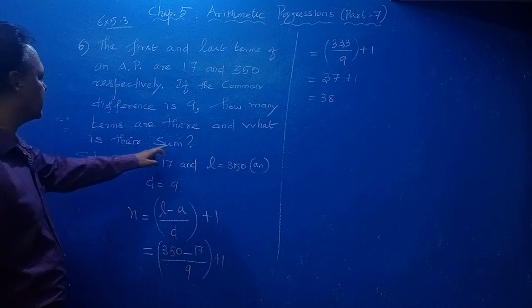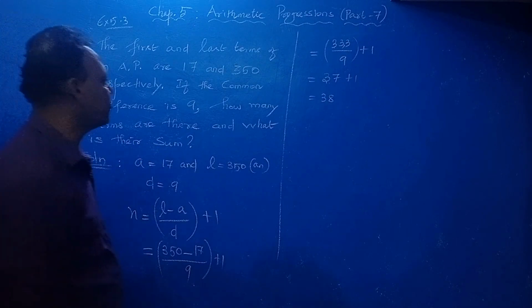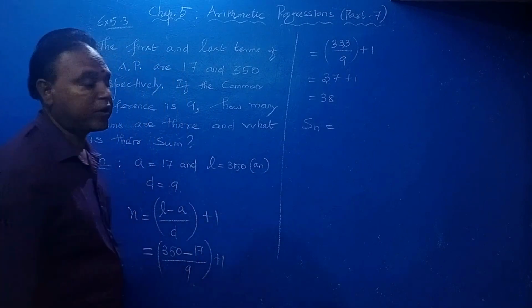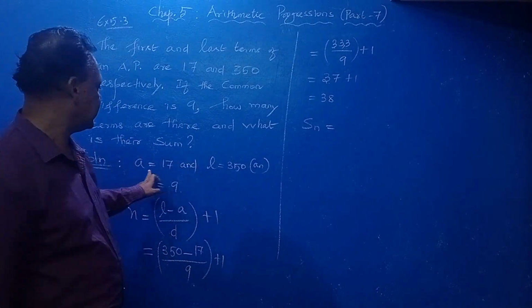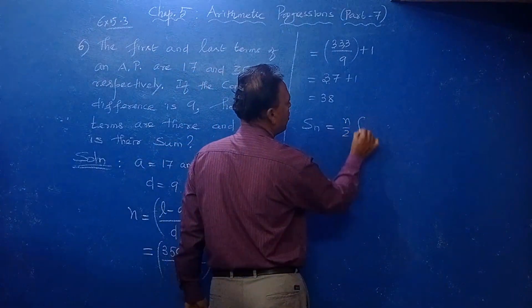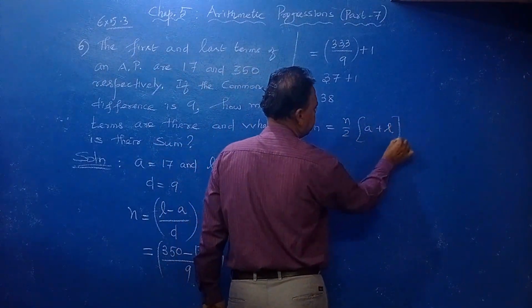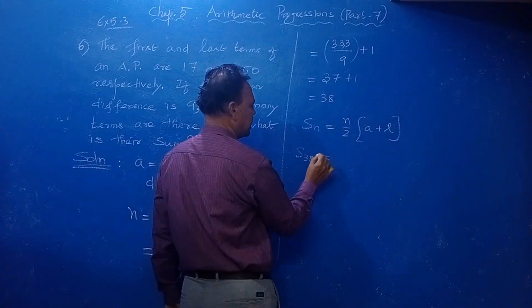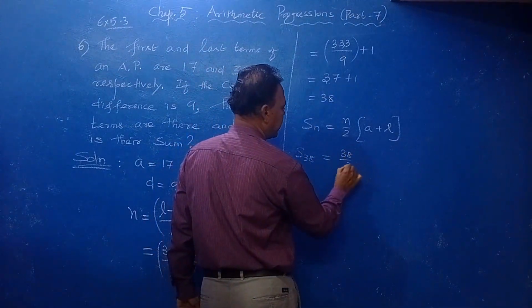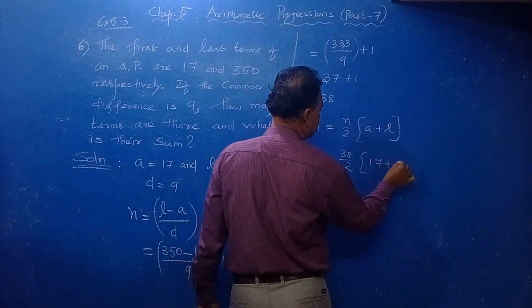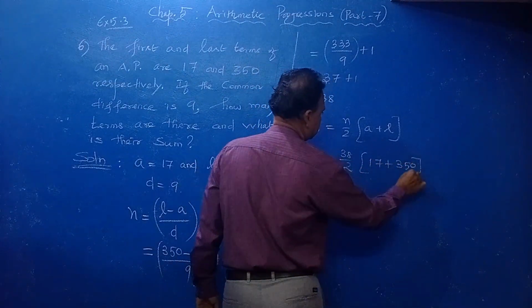Now what is their sum? Which formula can you use? Remember, first term and last term given means A plus L. That formula I use. So N by 2 into A plus L. This is an easy formula. So now S38 you have to find out. That is 38 by 2 into A is 17, L is 350.